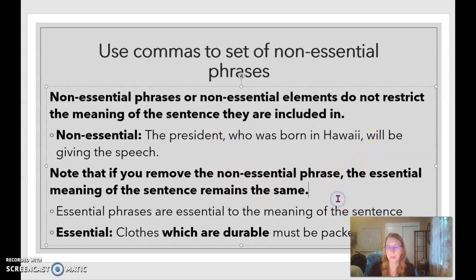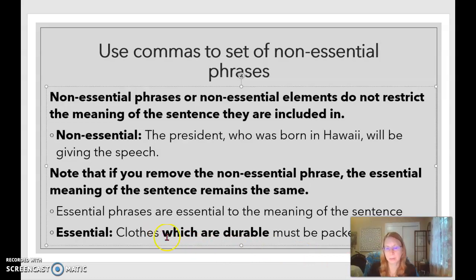However, we don't want to do the same if there are words that are essential to the meaning of the sentence. So if you look at this example, we could take out these words that are bolded, and the sentence clothes must be packed for the hike is an independent clause. However, we're including the phrase which are durable.